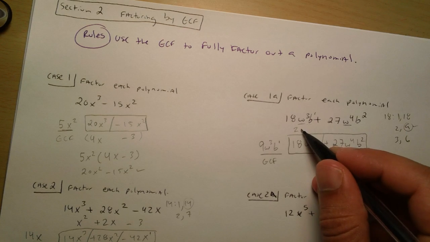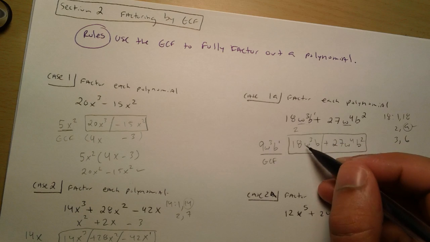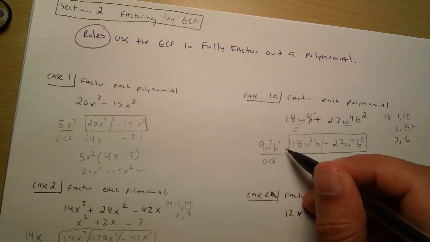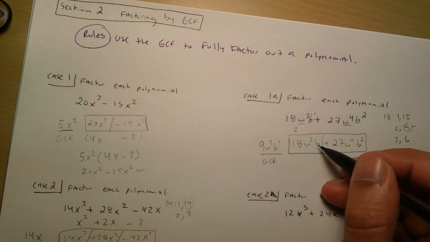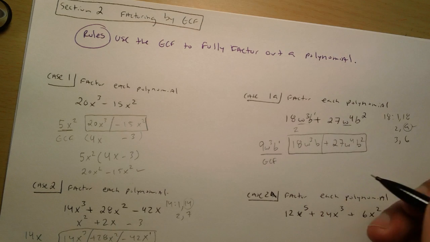This should be the imaginary 1, and we don't need to put it down because it's still going to result in the same answer. b to the first power times what gives you b? It should be the imaginary 1 there also. So this is just 2.